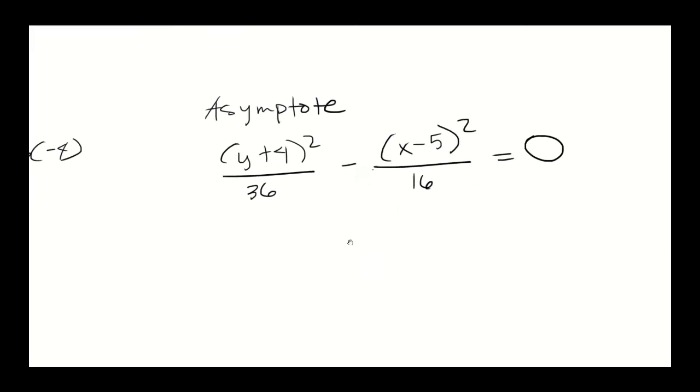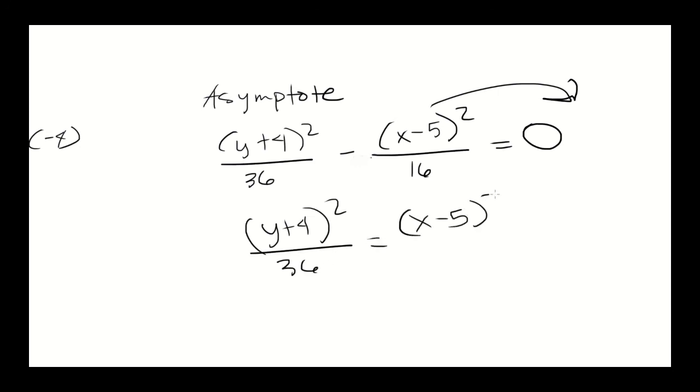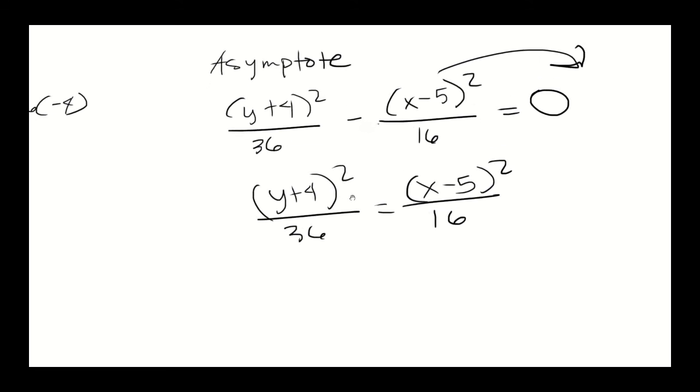Okay, so we just need to transfer that one. So y plus 4 squared over 36 is equal to x minus 5 squared over 16. Here we will get the y.